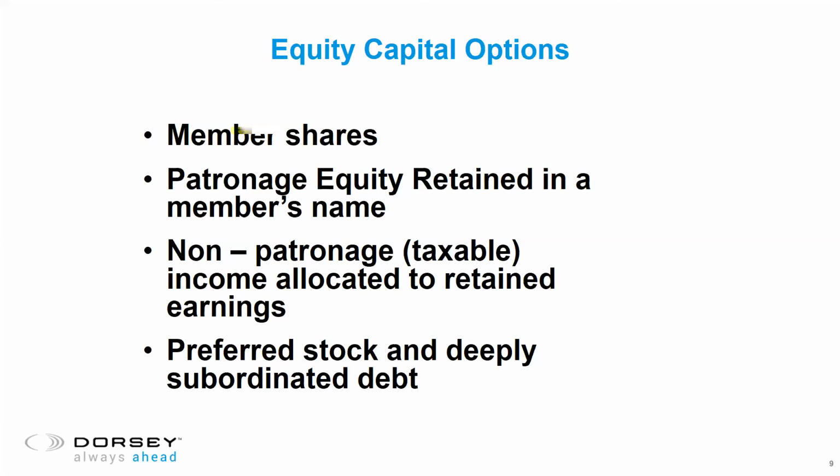And subordinated debt, it just depends on the terms of it. A 5-year subordinated loan is going to get a lot less equity credit when you're talking to lenders than 30-year or 40 or 50-year subordinated loans.